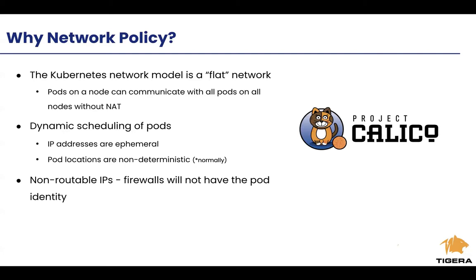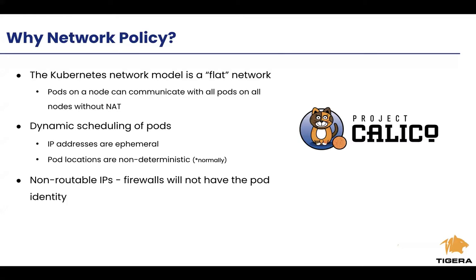So by definition, the Kubernetes network model is a flat network. Regardless of the CNI that you use, out of the box, Kubernetes design expects the CNI to provide an unNATed, clean TCP/IP network for pods. So pods can communicate with each other without any NATs across the cluster.